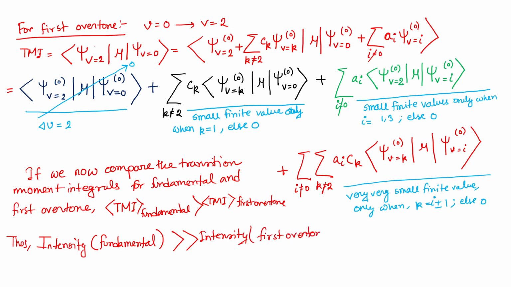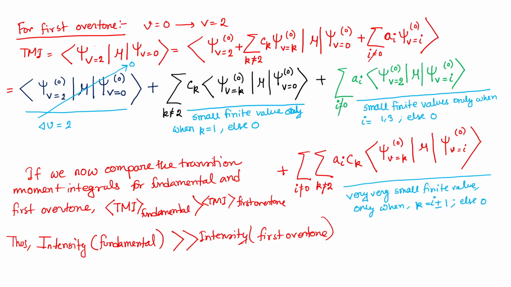See, the first overtone is coming due to this perturbation, only due to this anharmonicity, right? And for the unperturbed part, it is going to be zero, right?